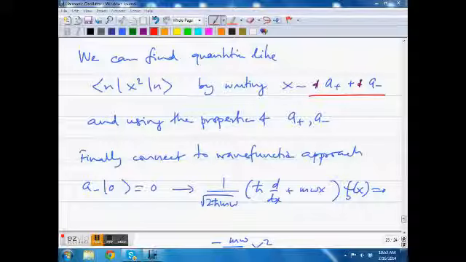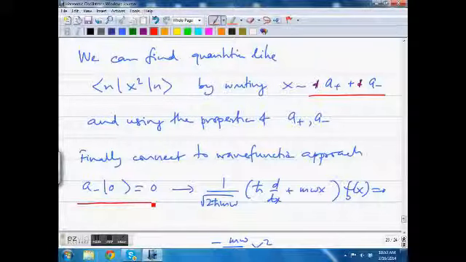Nevertheless, as a final step, it's nice to connect to the wave function approach, and the way we do that is to find what wave function corresponds to the vacuum state in the algebraic approach. So the vacuum state or the ground state is defined by a minus acting on the vacuum giving me 0.